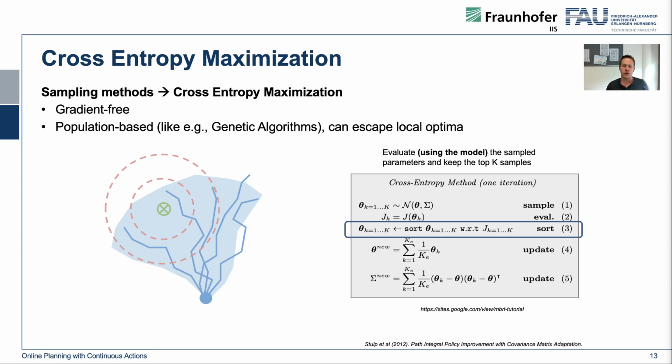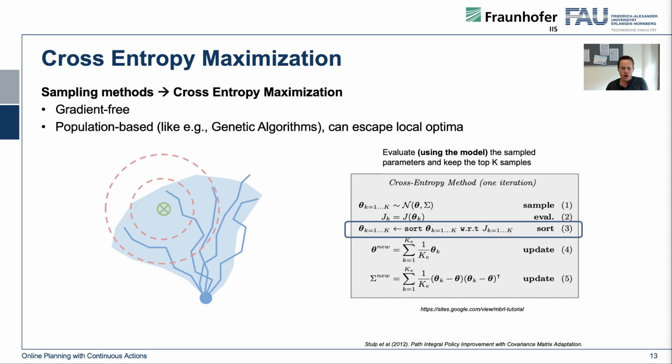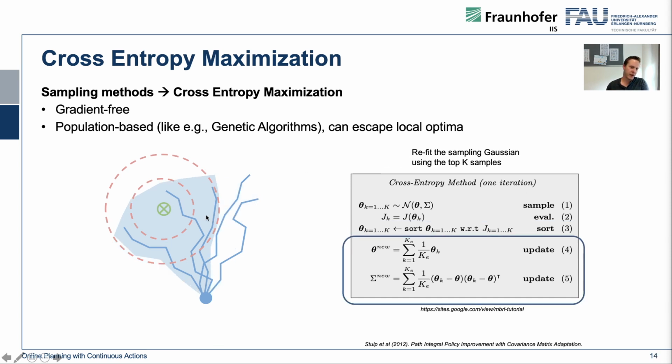We calculate the returns of all the trajectories and sort them in descending order. Then we refit our Gaussian distribution using the top k samples. In this case, the mean changes a little bit, but the variance gets smaller. In the next step, we only sample around this area, and this lets us come to a point where we sample really good trajectories.